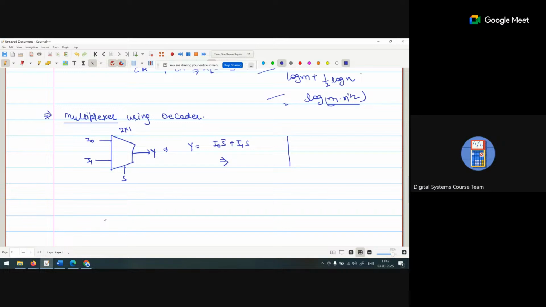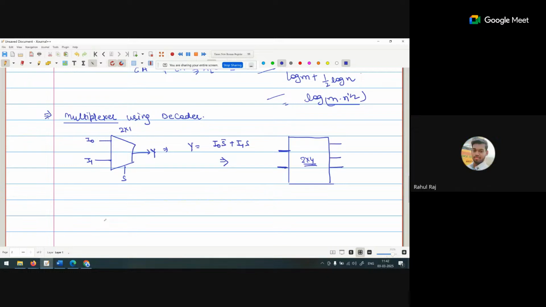Now can I implement this with the OR gate? Sorry, decoder. So I just use a 2 cross 1 decoder. Decoder should be 2 cross 4, so we are using this one as 2 inputs and 4 outputs.